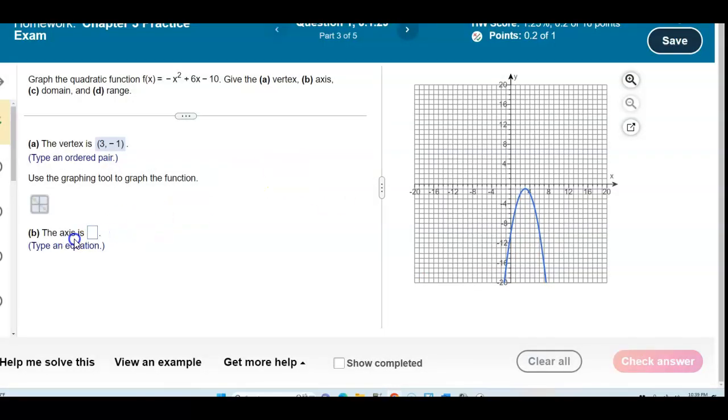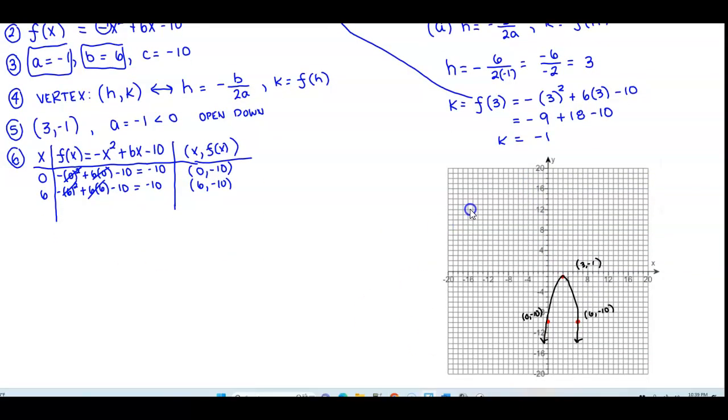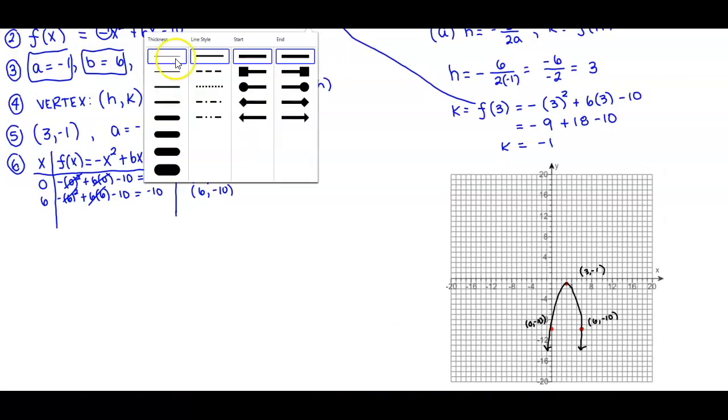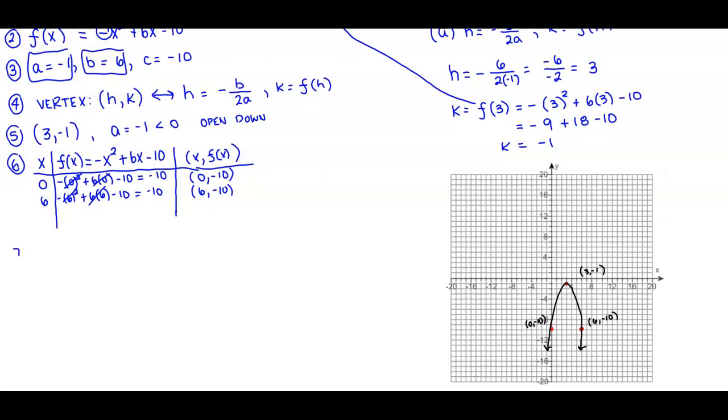Okay, now we need to determine what is the axis of symmetry. So if we come back in here and look at this problem, we're going to do the following. To find the axis of symmetry, we need to write this as an equation.